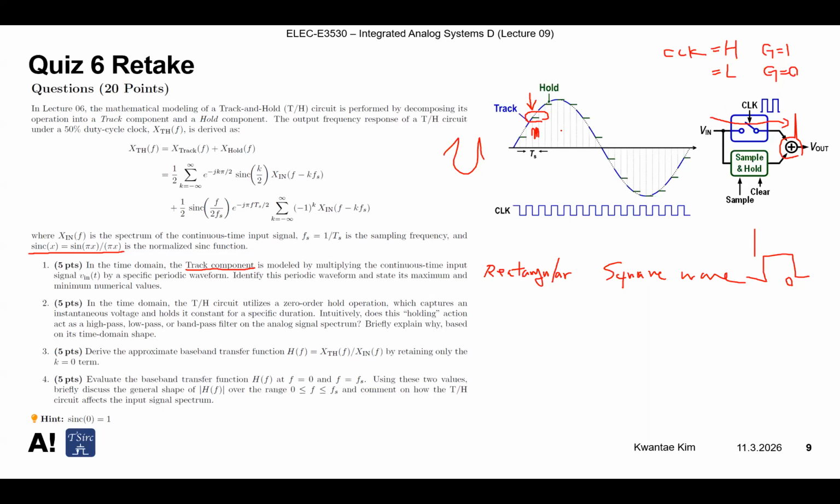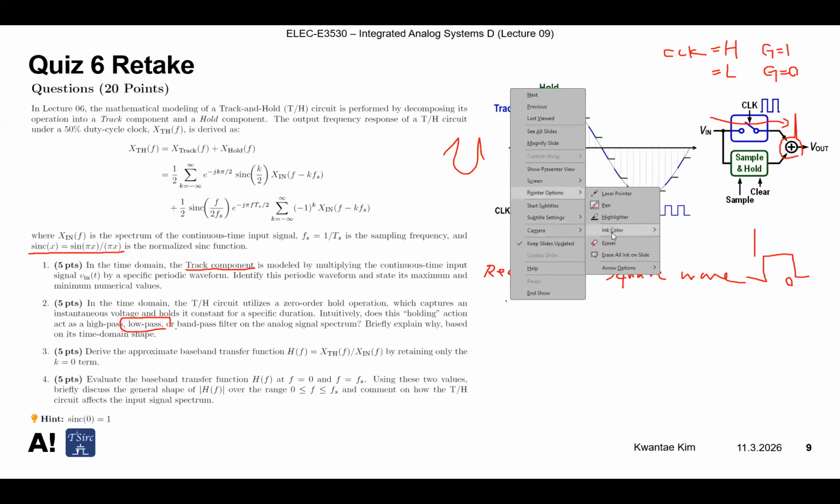It just keeps the voltage it sampled previously at the sampling instant. So this is just a low pass filter.